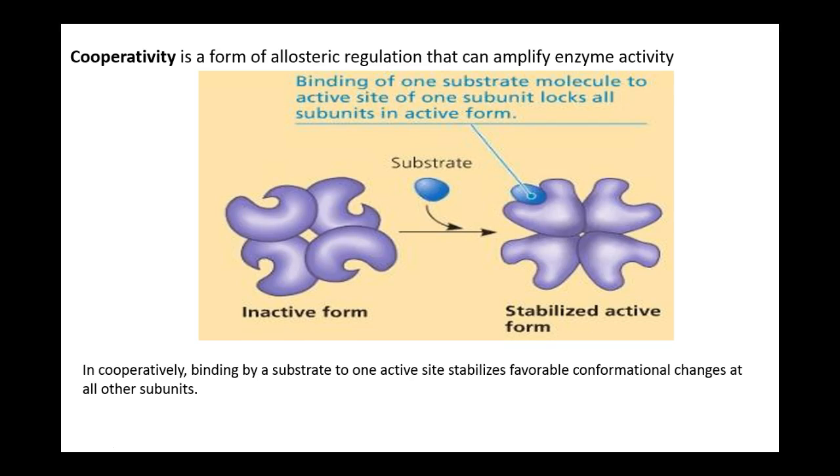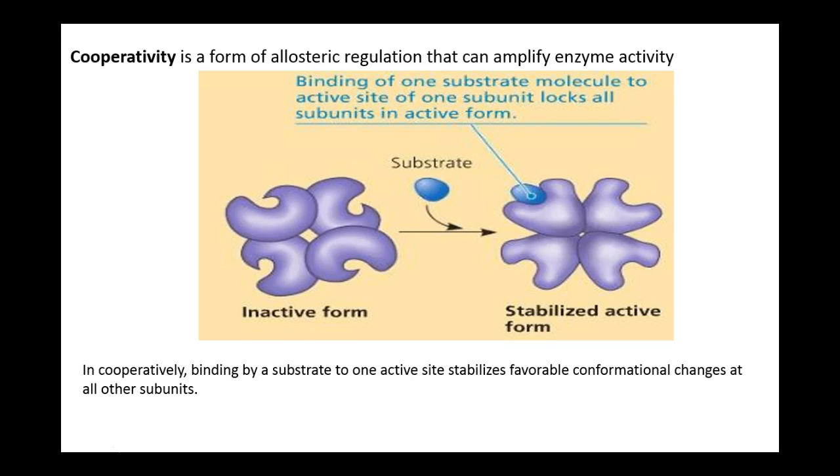The allosteric regulations can also be cooperative, where the binding of one substrate molecule to an active site makes all of the active sites change their shape to allow more substrates to bind. The image is pretty clear. You have an inactive form, and this oscillation is moving around.